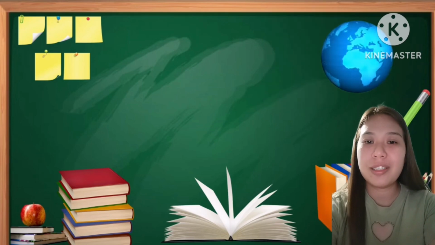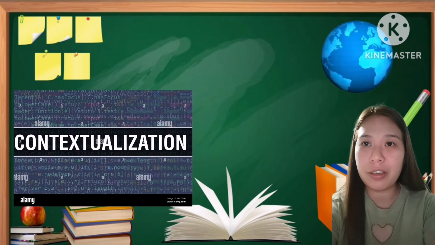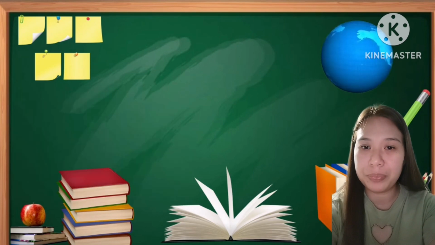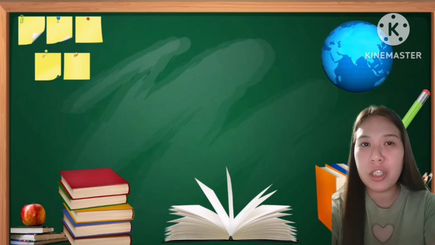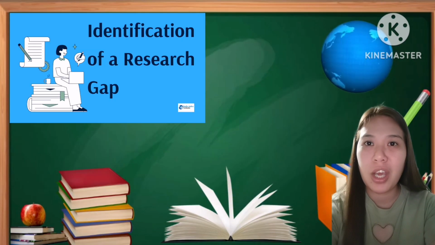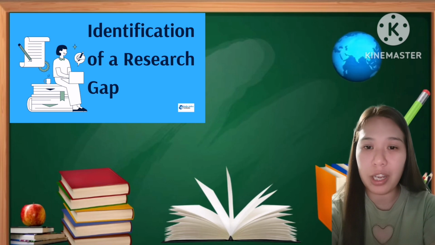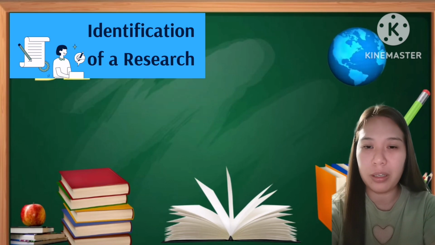First is to contextualize your research. It explains the background and helps the readers understand the problem. Second is to identify gaps in existing research. It shows where more research is needed, which justifies your study or your research proposal.